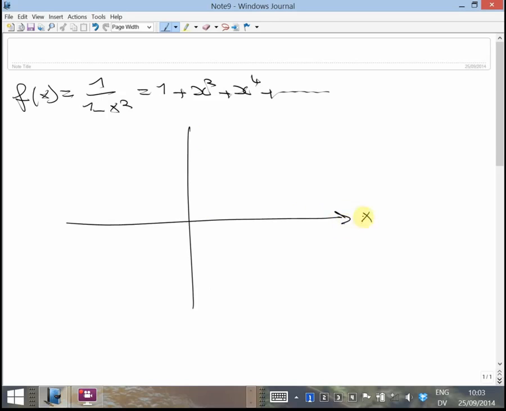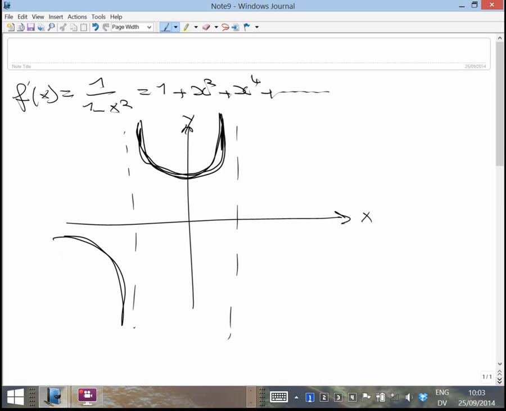So if we have here x and y, if we first draw the function f of x, my drawing skills leave much to be desired, but let's assume that this is f of x, and it roughly looks something like this.